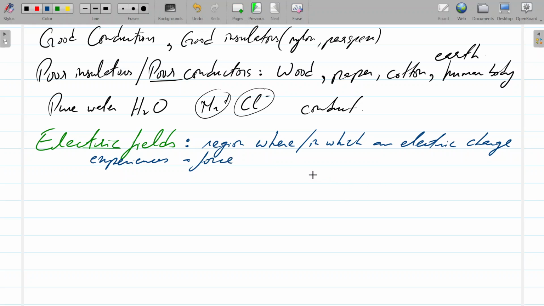And so what kind of force? Just like for magnets we had the convention that the field goes from north to south, for electric fields we have the convention that the field goes from positive to negative.